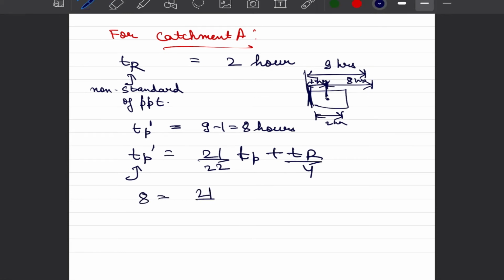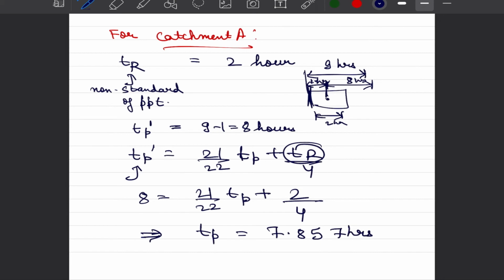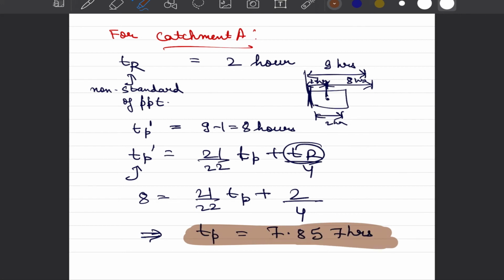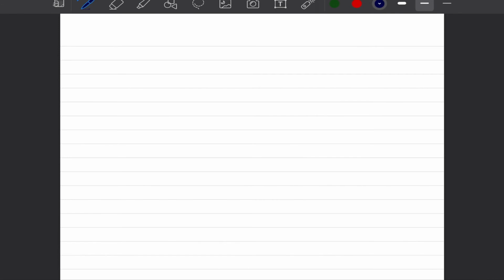This is equal to 21 upon 22 TP plus capital TR, which is 2, divided by 4, which implies that TP comes out to be 7.857 hours. So we have our first calculation ready to develop a synthetic unit hydrograph. Now, if this TP is known, we are ultimately trying to estimate the synthetic unit hydrograph for catchment B.